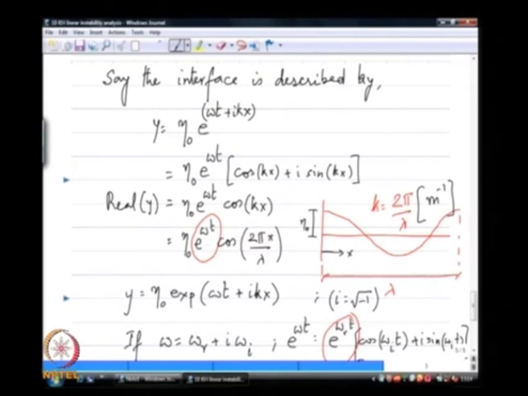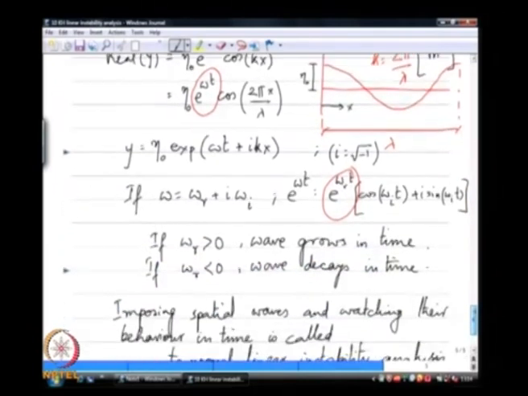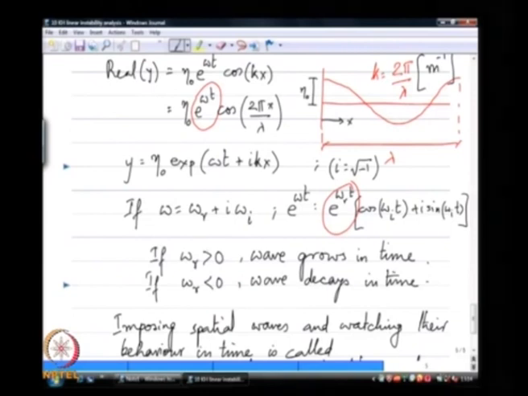The 2 pi x over lambda essentially tells us the functional form of a wave that we will impose on the free surface, and watch it either grow or decay in time, and the growth or decay is going to be determined by the real part of omega.